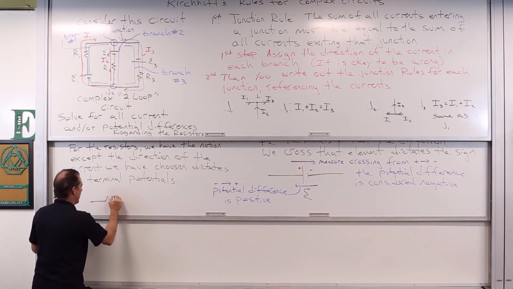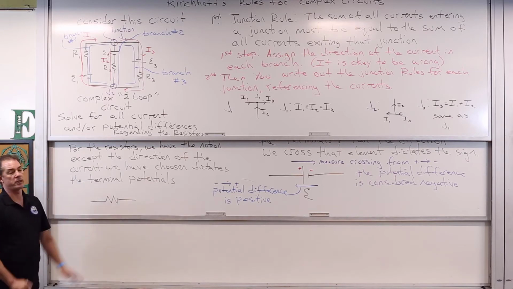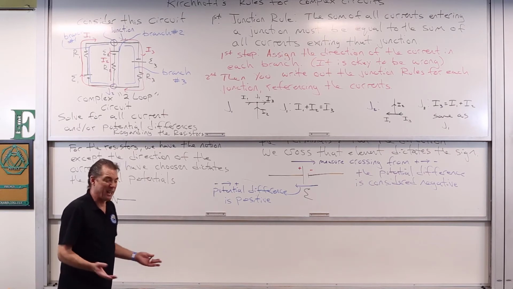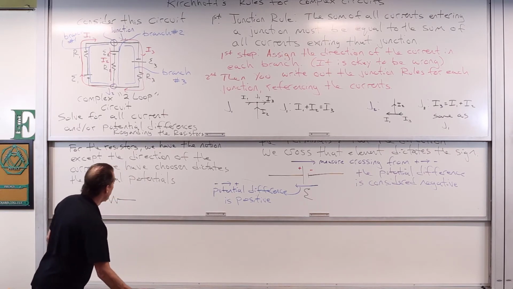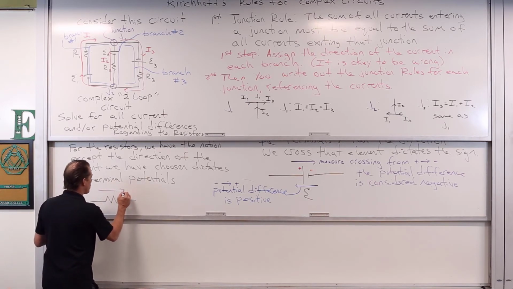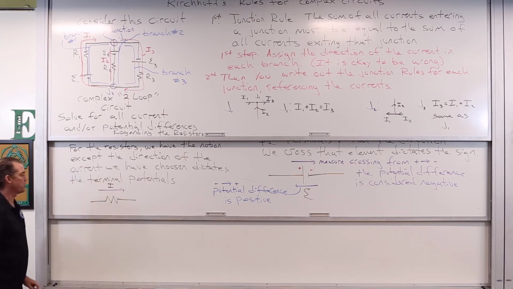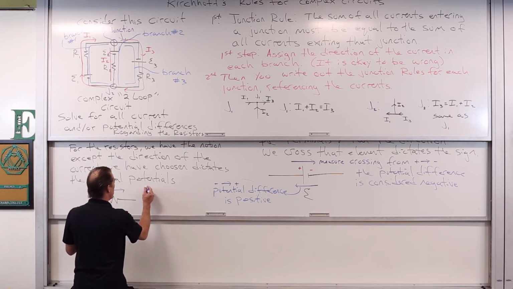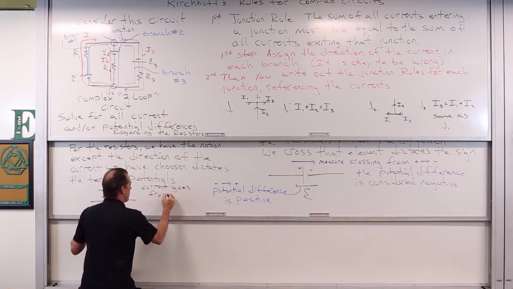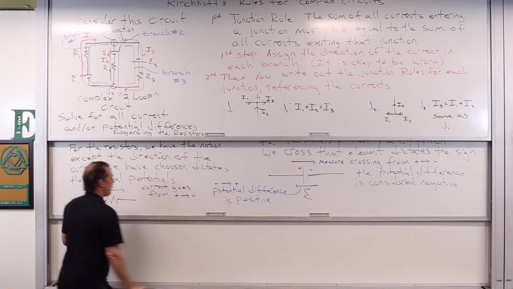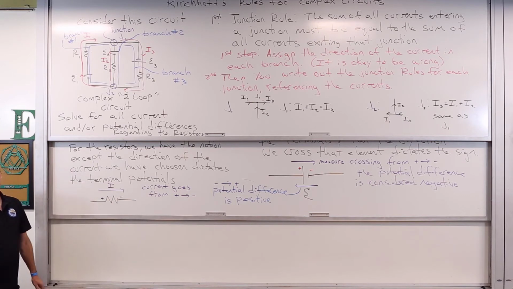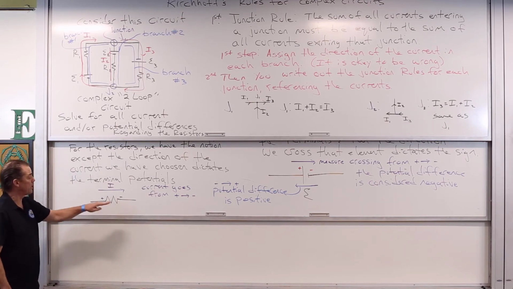So I've got a resistor like this, right? What side's plus and what side's minus? Well, it depends on the current. Conventional current is what we deal with here. Conventional current goes from high potential to low potential. So if I say that the current's going this way, that's the current across this resistor. Current goes from plus to minus. So I would call this side plus and that side minus.